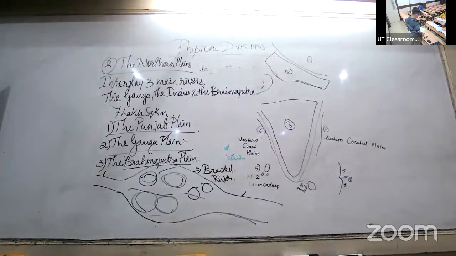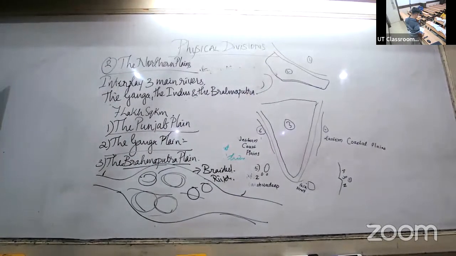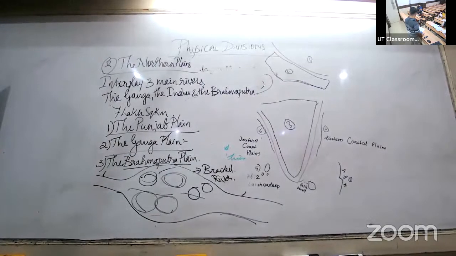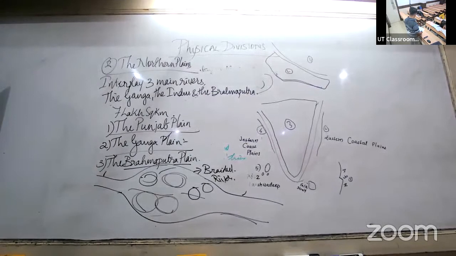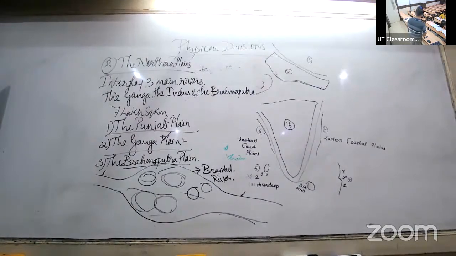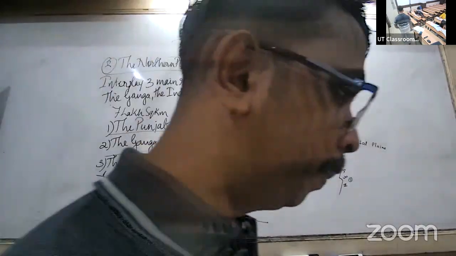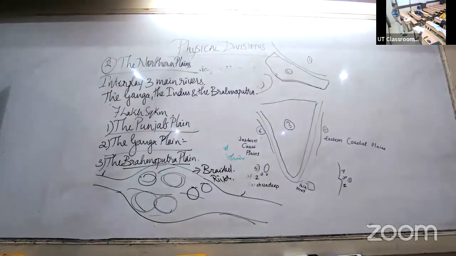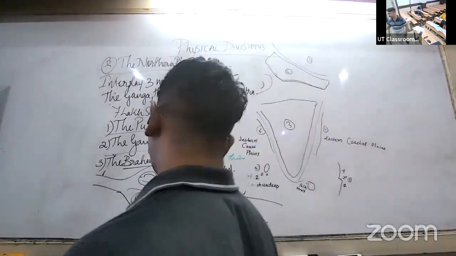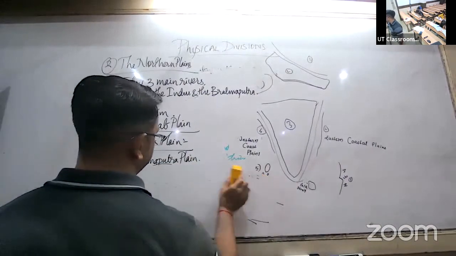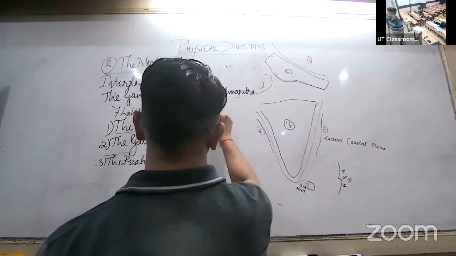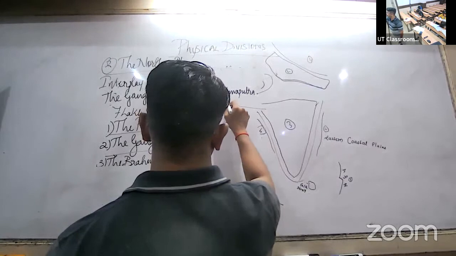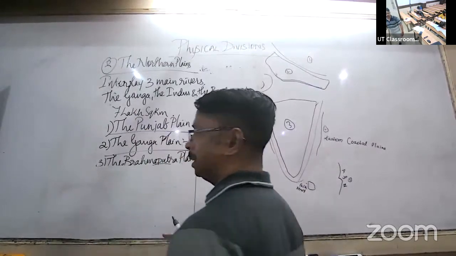What is the next? Depending upon the relief and soil structure, and depending upon the alluvial deposit, the northern plains are further divided into: just write the headings one below the other.